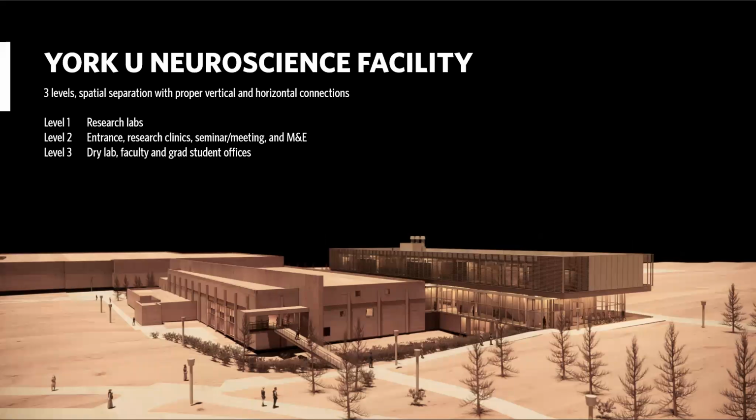Well, we had a similar problem with the new neuroscience facility that we are designing for York University here in Toronto. This project is a 3-story facility located beside an existing health research building. It includes wet and dry labs, plus faculty and graduate student offices.